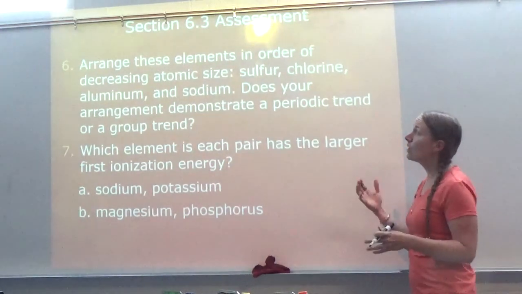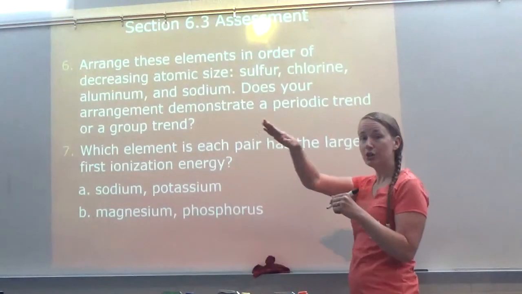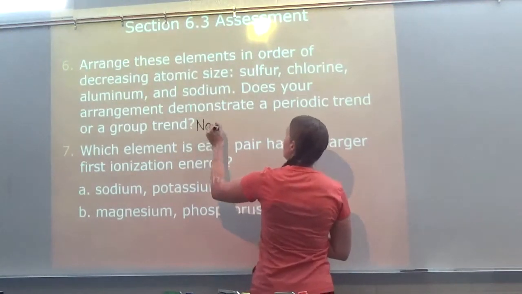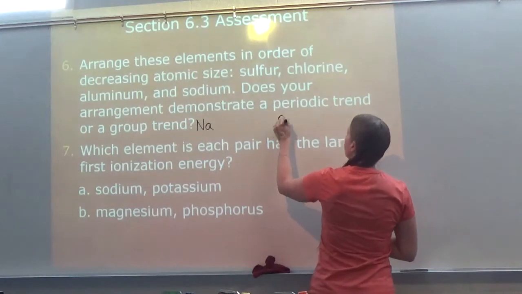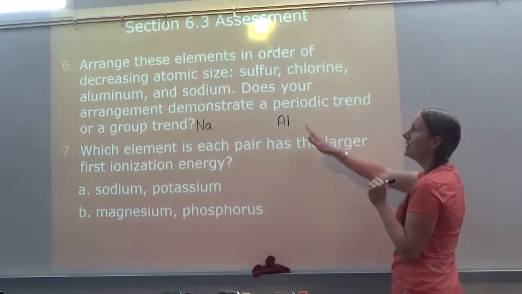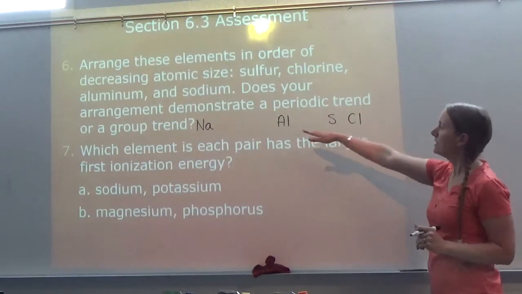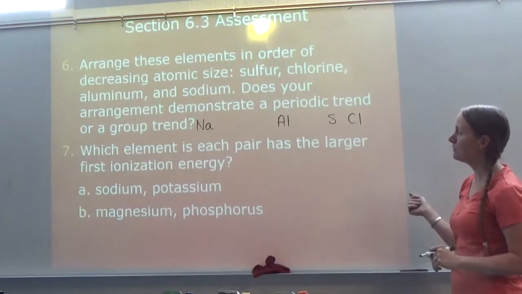If you look on your periodic table, we're in the third energy level, or the third row. Sodium is the first element. Then if you look across some, you'll have aluminum over here. And a little ways over, we have sulfur, and then we have chlorine. So this is the order of them on your periodic table. Of course, they're spaced out and have some other stuff in between them.